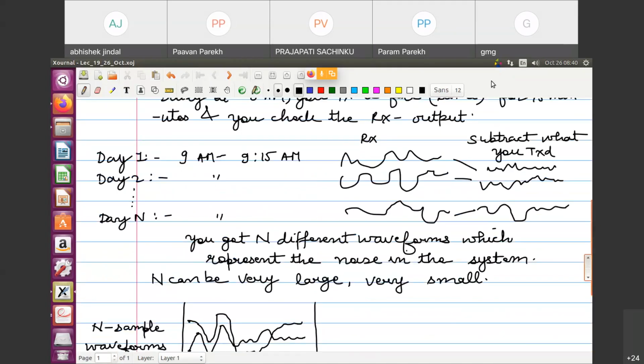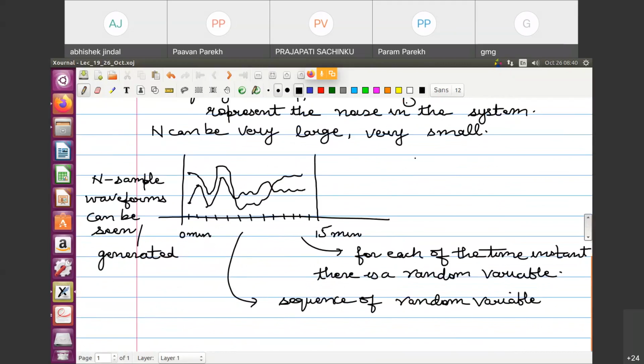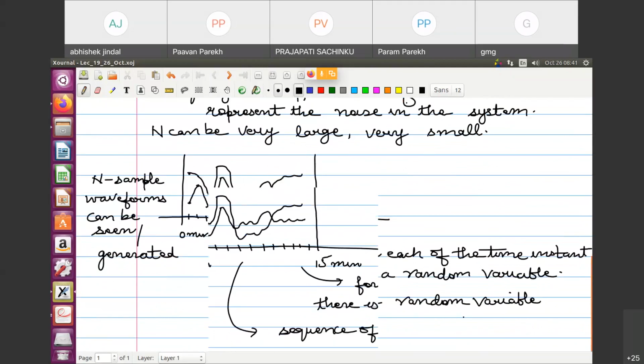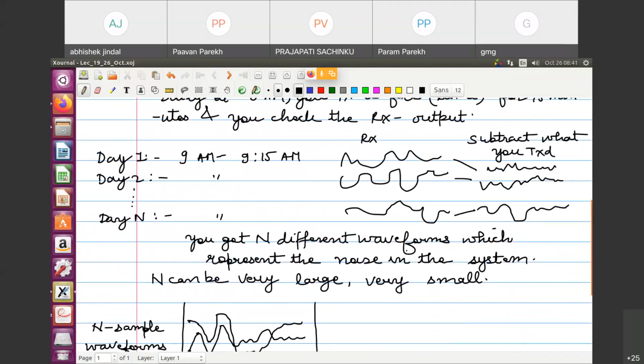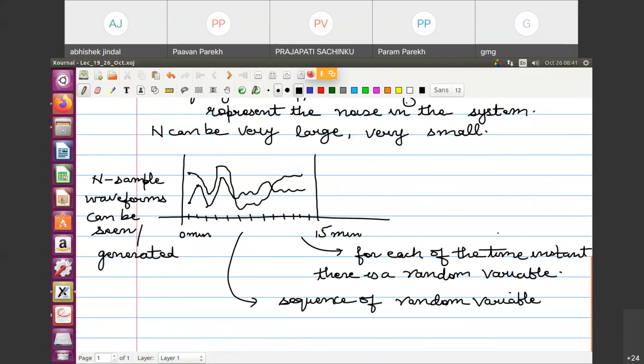So if we model such waveforms by a sequence of random variables, we can study them well. And unless we study them, we cannot basically design algorithms or schemes at the receiver for extracting our signal without much of the noise. So you can clearly see that there is noise present in the system, and this will definitely corrupt the data. So you need to study this so as to design a better receiver.